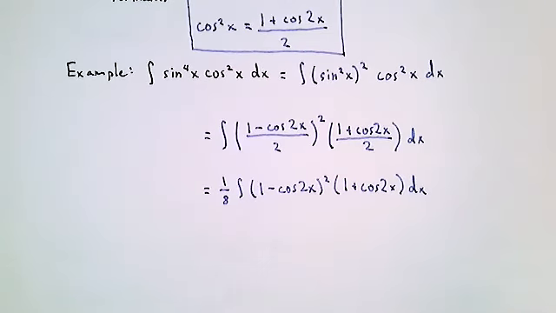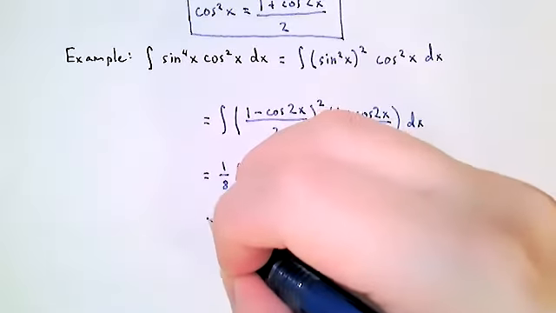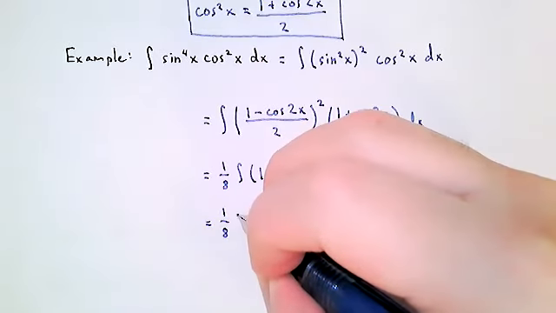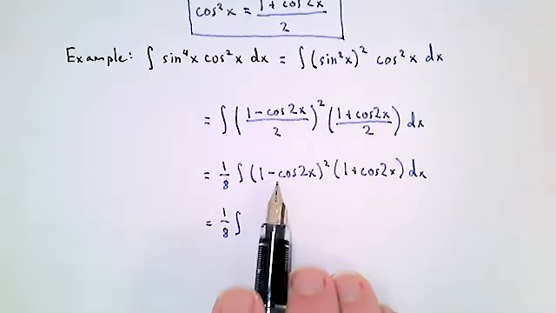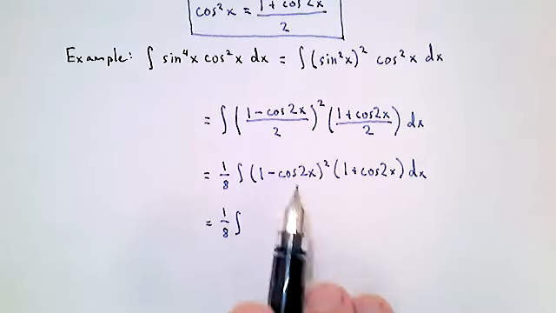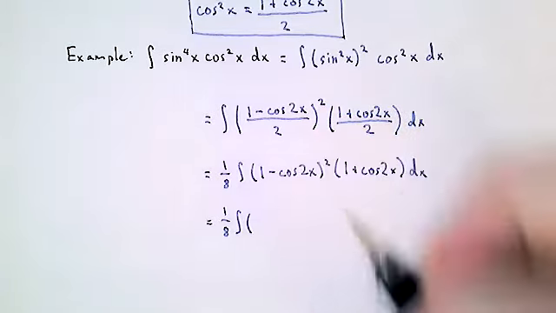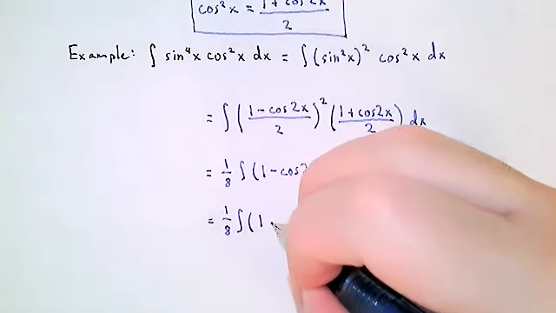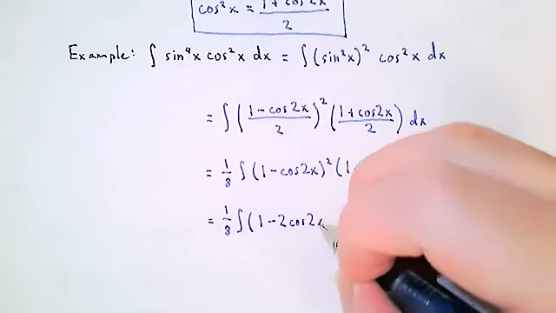And now we have to distribute everything. We have to FOIL out everything here. And this again takes a little bit of writing and persistence. Remember, this is 1 minus cosine of 2x times 1 minus cosine of 2x. So if you work that out, you'll get a 1 minus 2 cosine of 2x.